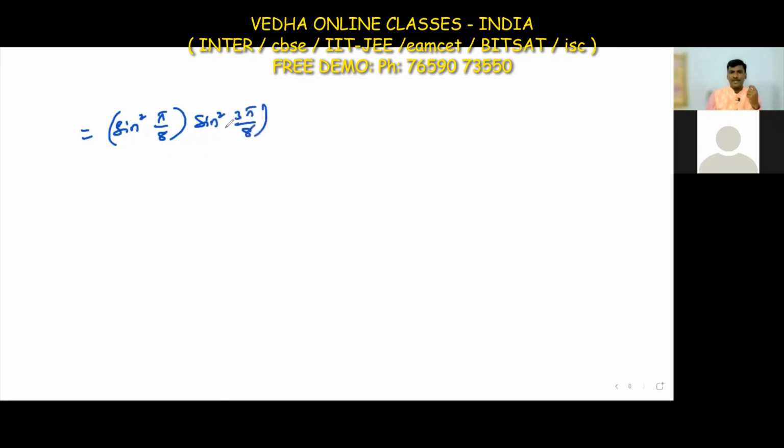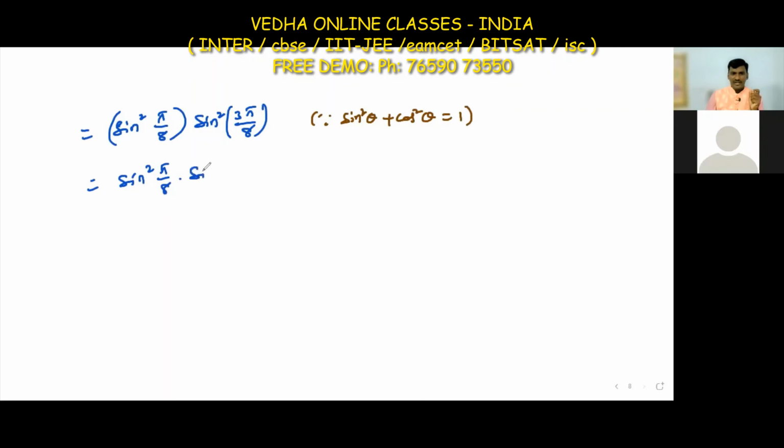So what concept did we apply here? Here we applied the formula sin square theta plus cos square theta is equal to 1. After that, I am writing this as sin square pi by 8 and sin square 3 pi by 8.